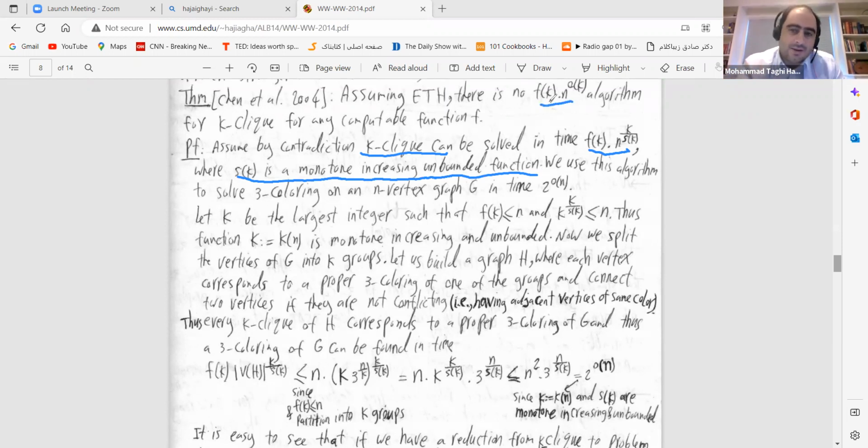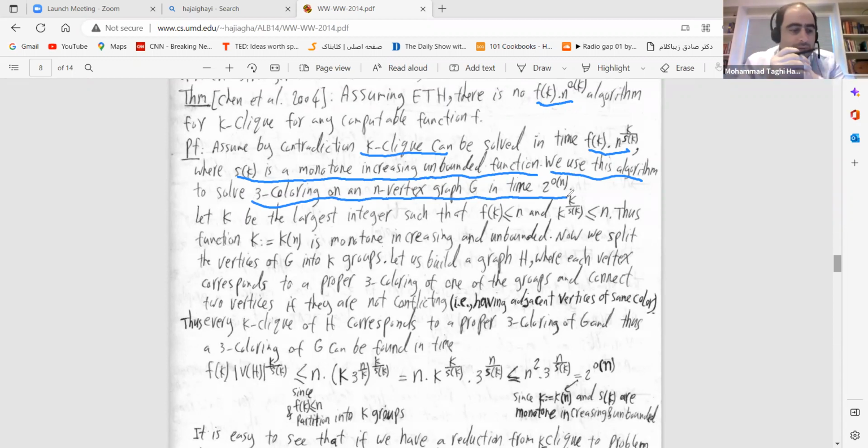By contradiction, assume such an algorithm exists, so n to the little o of k is possible, and that would be the running time. Now, we use this algorithm to solve 3-coloring of an n-vertex graph in time 2 to the little o of n.